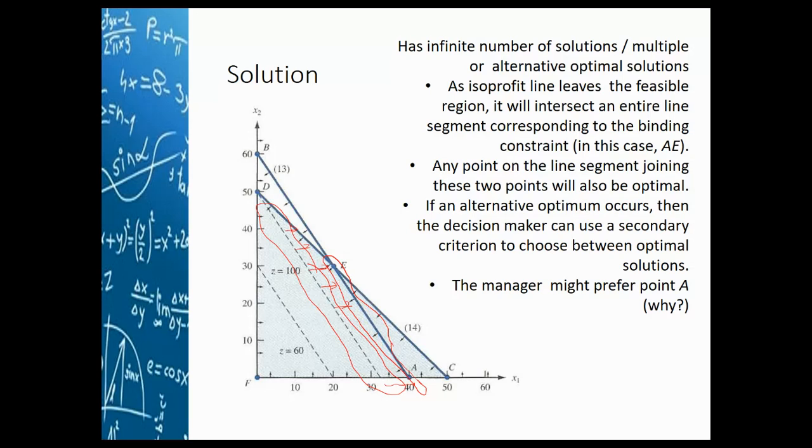We don't care about EB, because EB is not in the feasible solutions, but we cannot ignore AE. AE is part of the feasible solutions. So in this case, you notice these are continuous points, and all of these are solutions. This is what we call an infinite number of solutions.